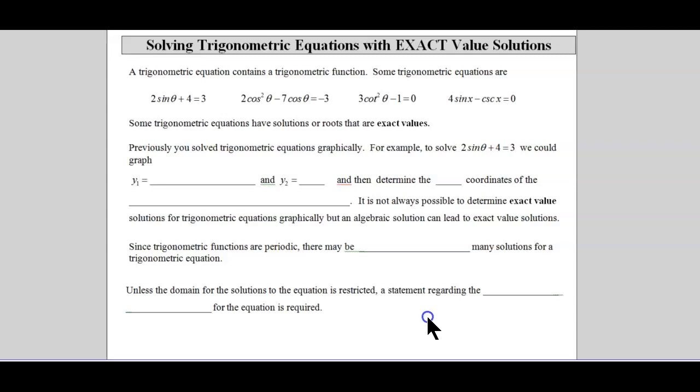So previously you solved trig equations graphically. Some examples, we did this. That was graphed on a graph in our notes. Graphically, we could take the left side of the equation, the right side of the equation, and find the theta coordinates of the points of intersection.